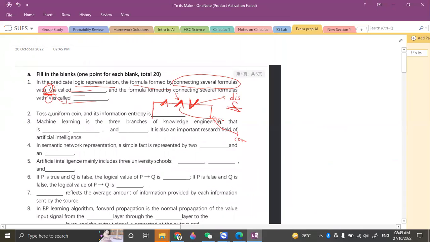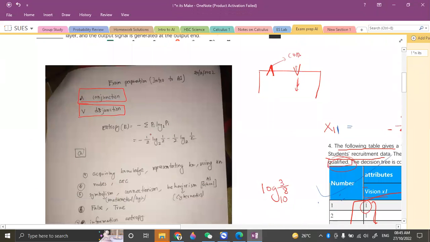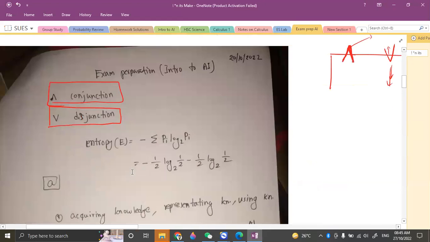Toss a uniform coin and its information entropy is dash. Its information entropy is calculated this way because if we toss a coin, we can have either head or tail, so we have a total of two results.